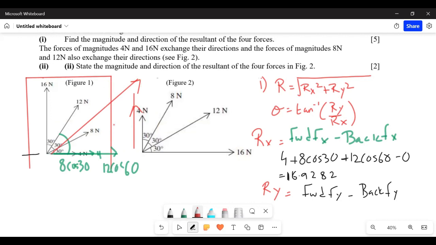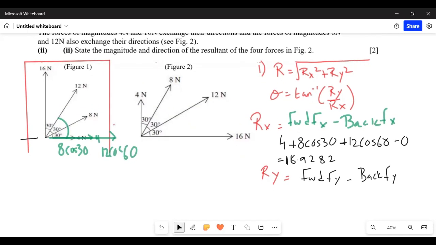So all upward facing y components are the forward facing y forces. Okay, so we have this, which is 8 sine 30. Then we have this, which is 12 sine 60. And then we have a 6 Newton force.